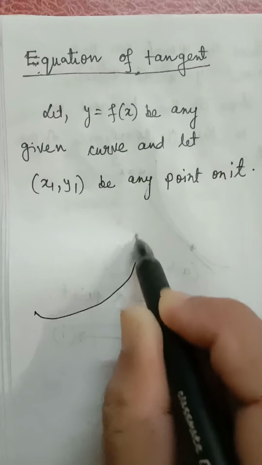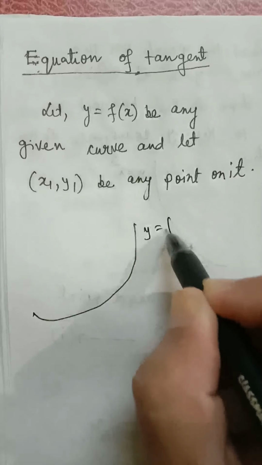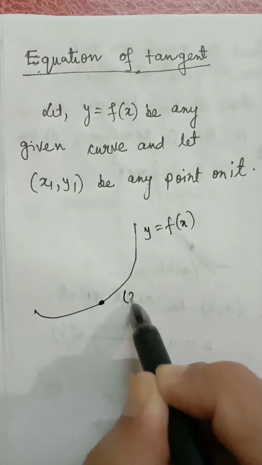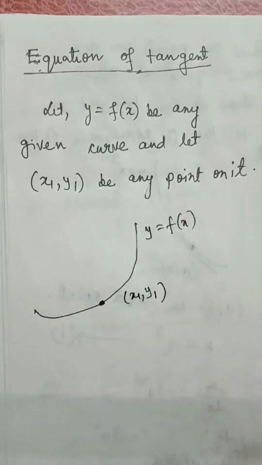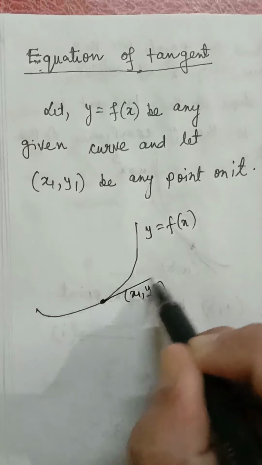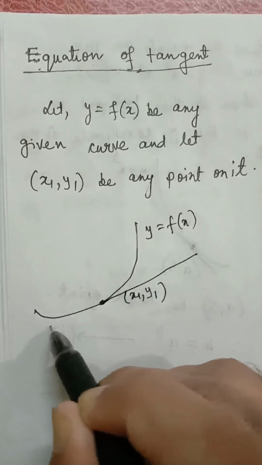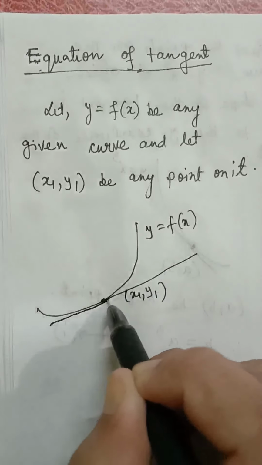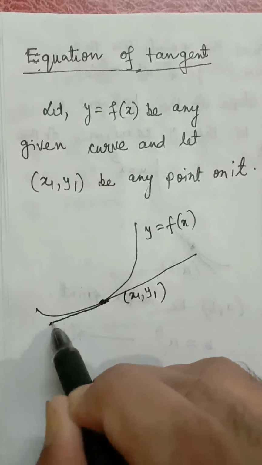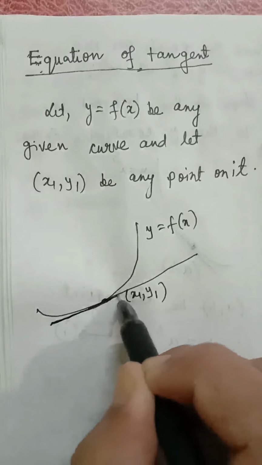Suppose this is the curve y equal to f(x) and (x1, y1) is any point on the curve. Now at the point (x1, y1), a tangent is drawn to the curve.